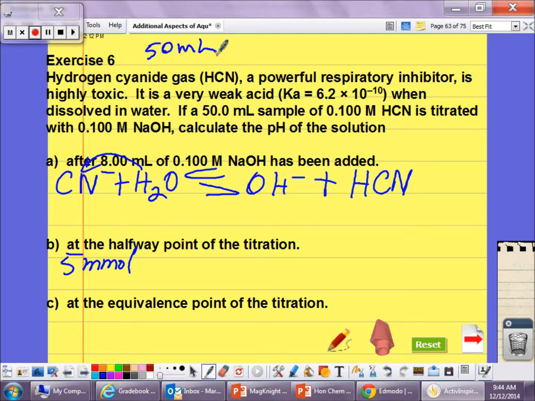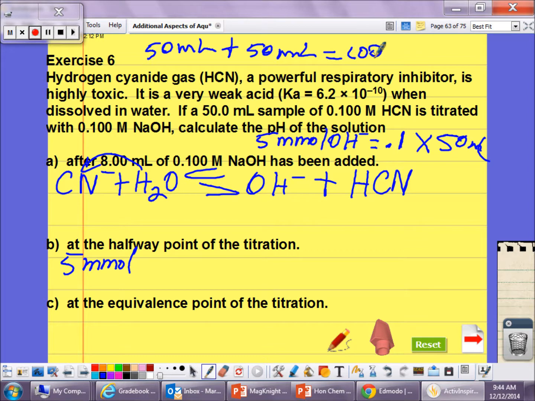I have 5 millimoles of OH minus, and I know the concentration is 0.1 times the volume. It has to be 50 ml also. That means the total volume for that salt is 100 ml.